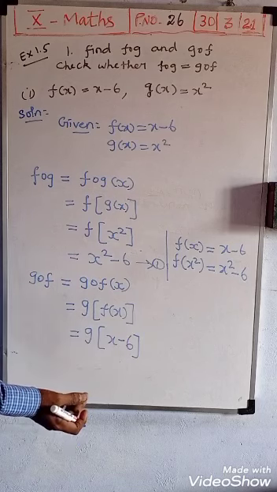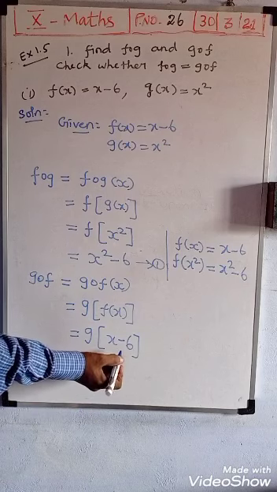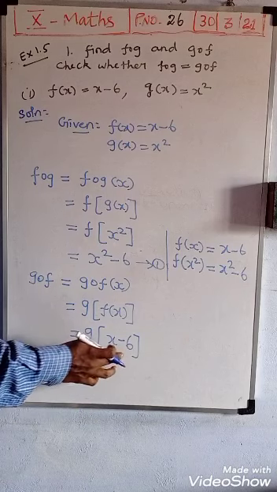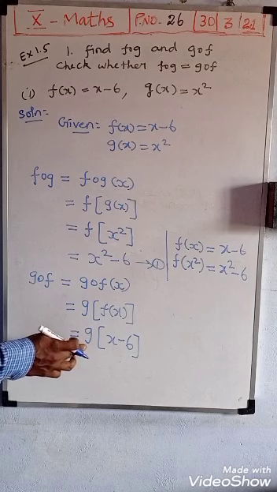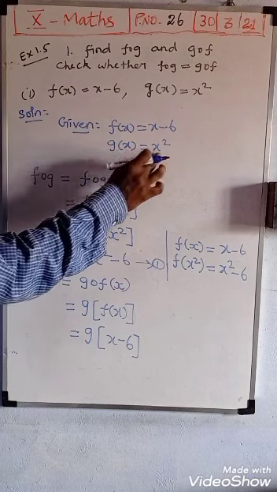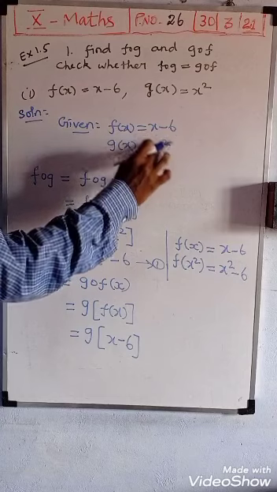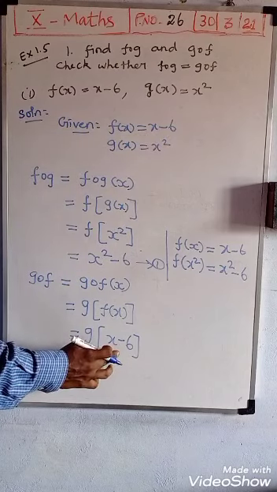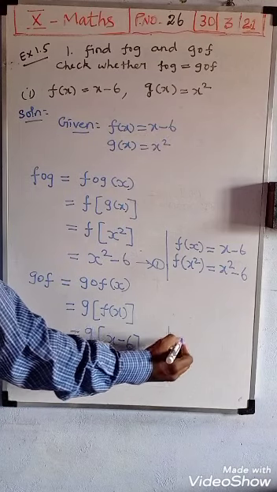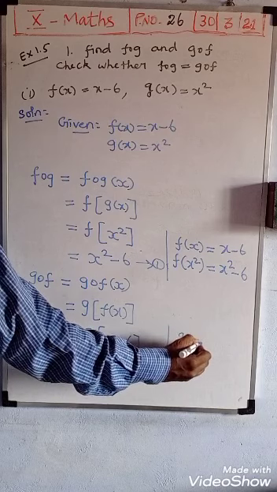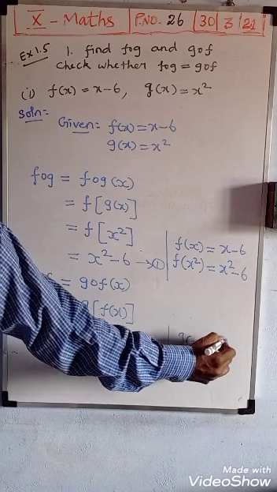Now how easily can we write it? Write it as x minus 6, where do we want to substitute? In function g. Function g is x squared. So instead of x you should substitute x minus 6. By the side you should write that g of x function is x squared.